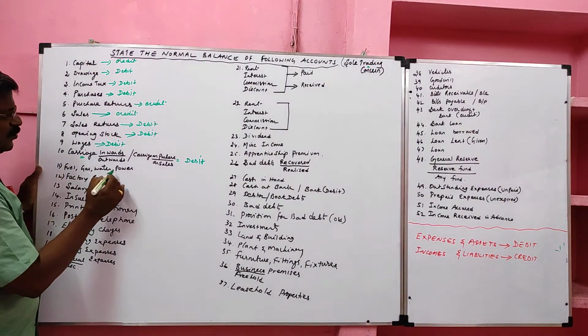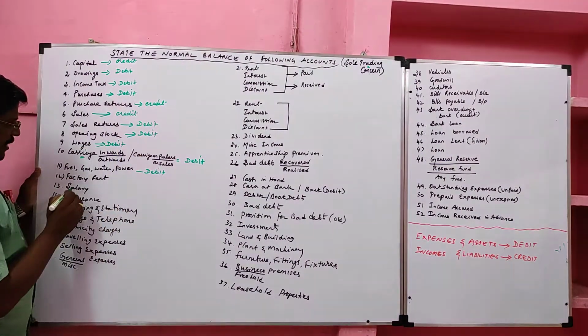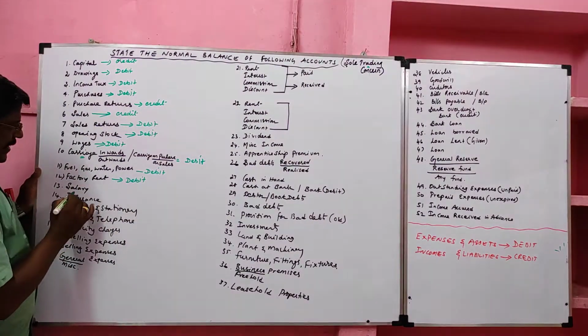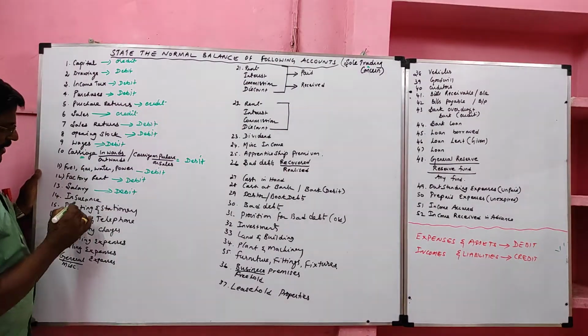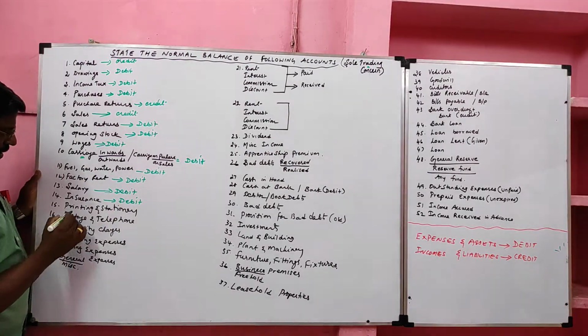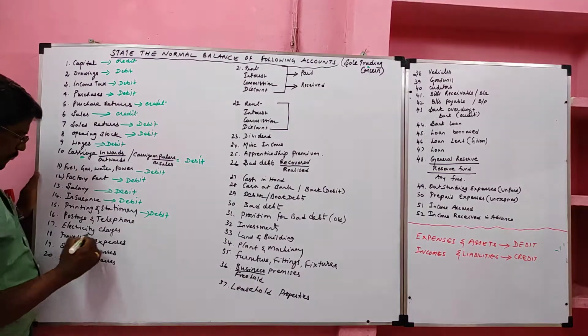Next, fuel, gas, water, power: it is an expense, debited. Factory rent, an expense, debit. Salary, always paid only, expense, debit. Insurance, always paid only, an expense, debit. Printing and stationery, an expense, debit.